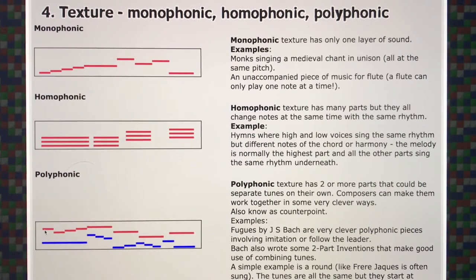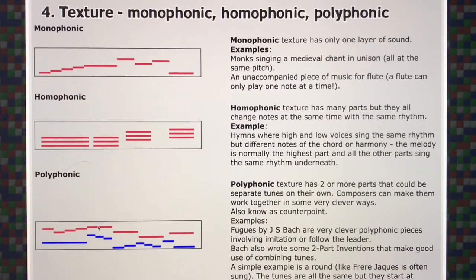One way that composers make them work together is when you have a long note in one part and then in another instrument or another part, it has shorter notes, so the melody's moving and creating some interest, and then they can swap over.